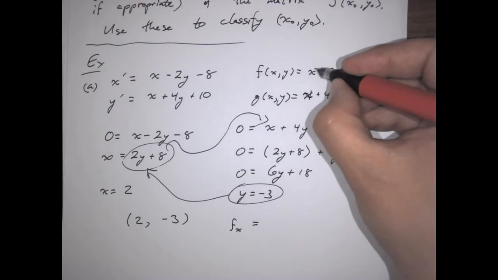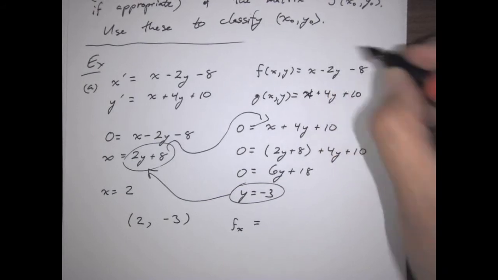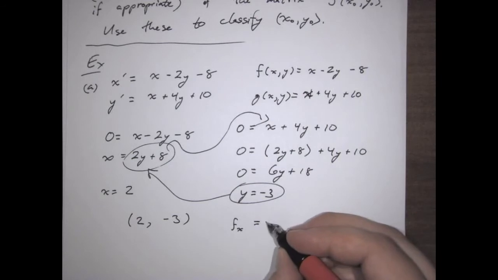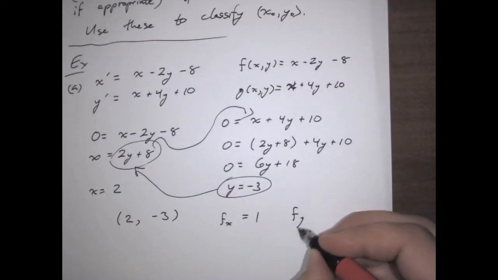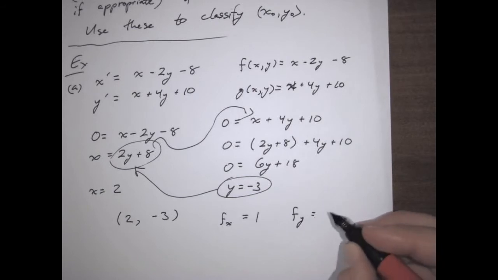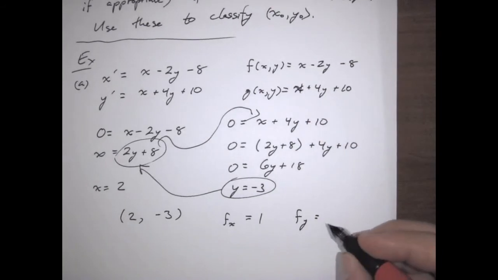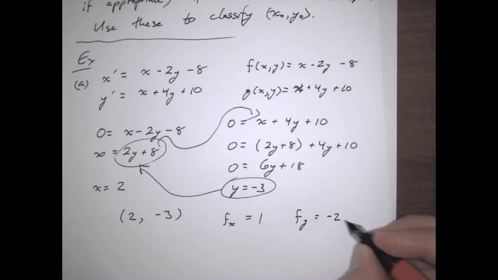So it would be x, the derivative of that with respect to x is 1, minus 2 minus 8. There's that. And then f sub y would be the derivative of this with respect to y, so that's going to be negative 2.